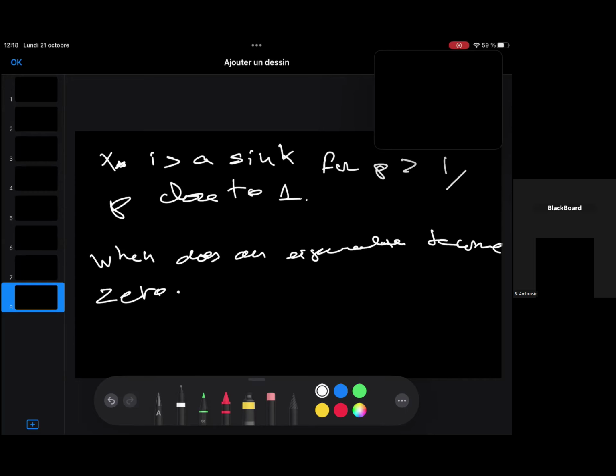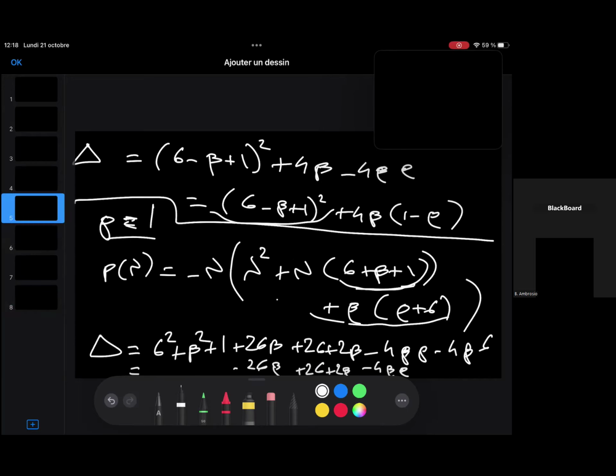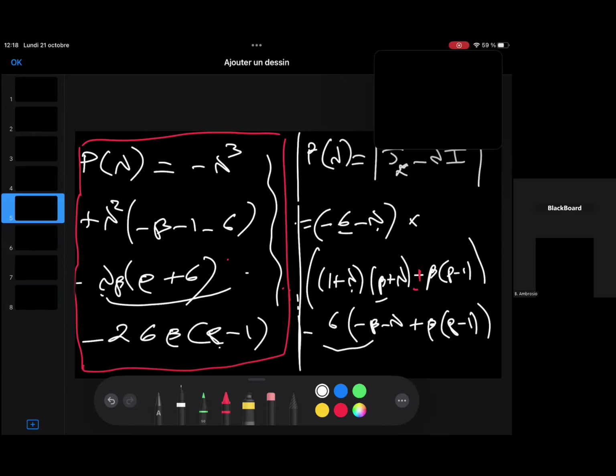And so if we look at the p lambda here, again, we see that for lambda equals 0, p of 0 is not 0.